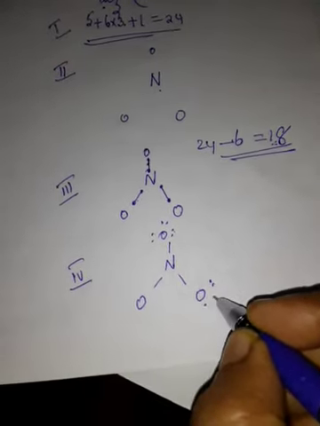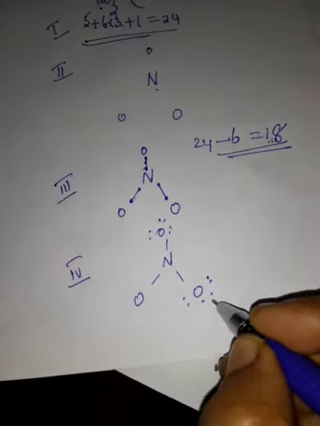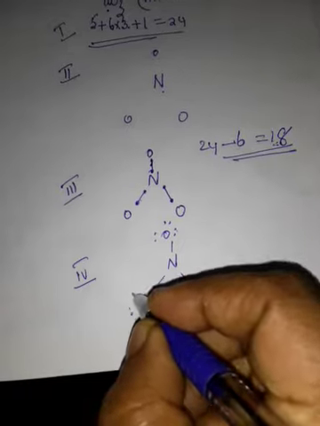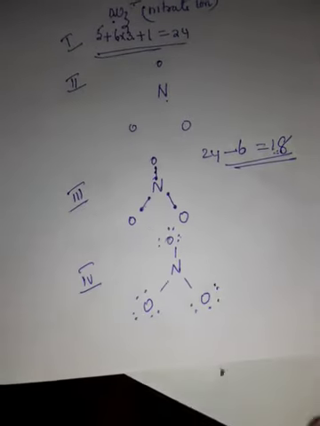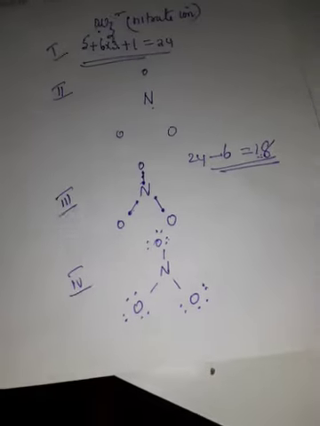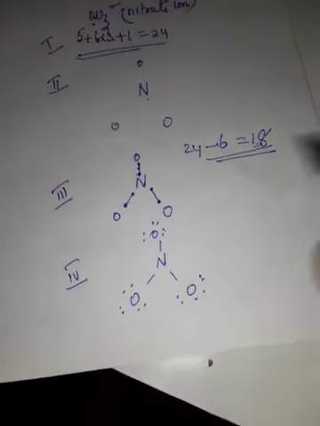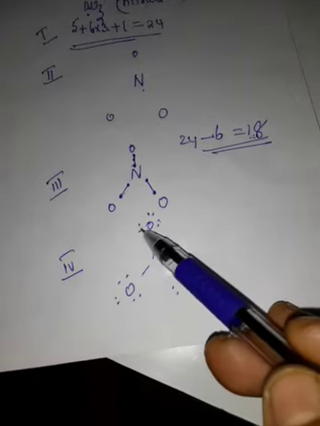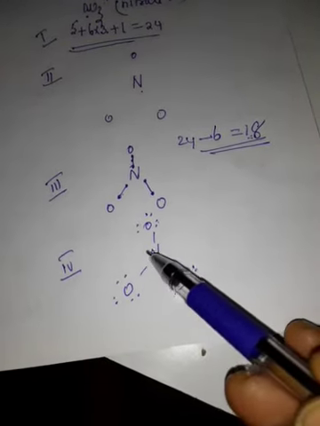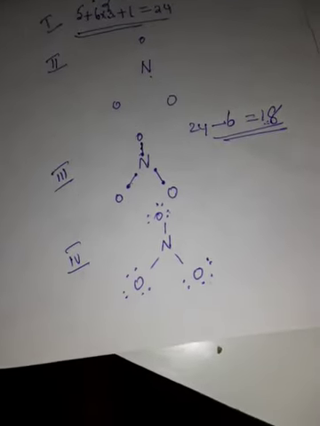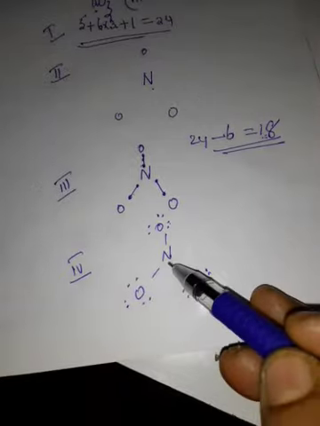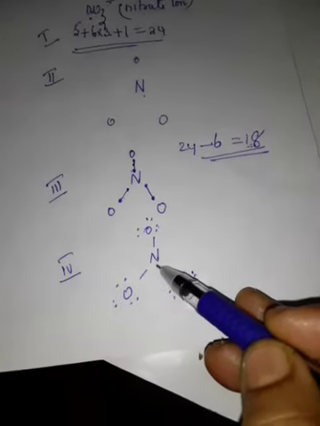Now it is over, there are no remaining electrons. Everything has gone: 24, here 6, 6, 6 plus 2 plus 2 plus 2. Now see whether the center atom has an octet.